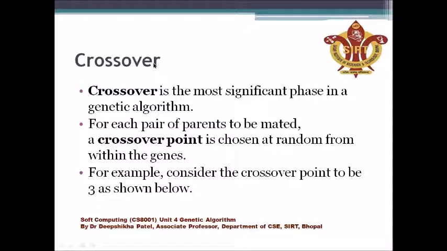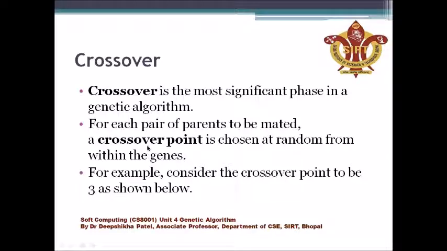Next is crossover. As we are done with the selection of individuals for reproduction, the next step is crossover. What exactly does crossover do? Crossover is the most significant phase in a genetic algorithm. For each pair of parents to be mated, the individuals we have selected, a crossover point is chosen at random within the genes.